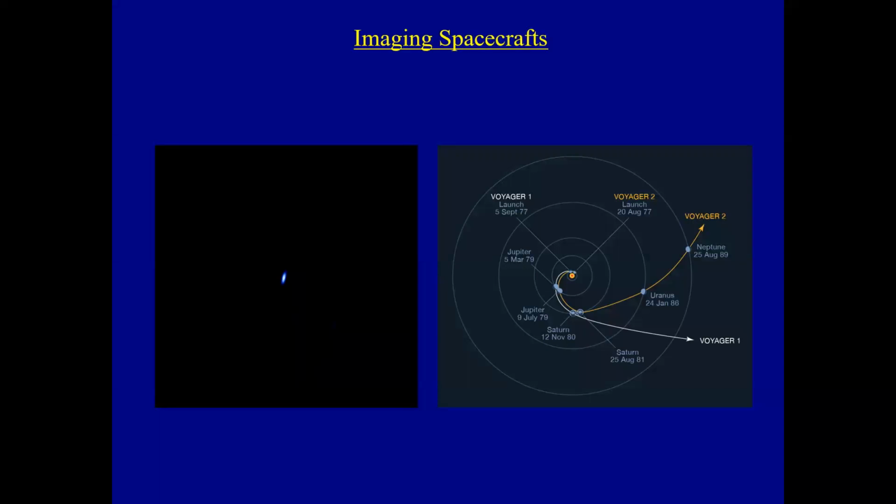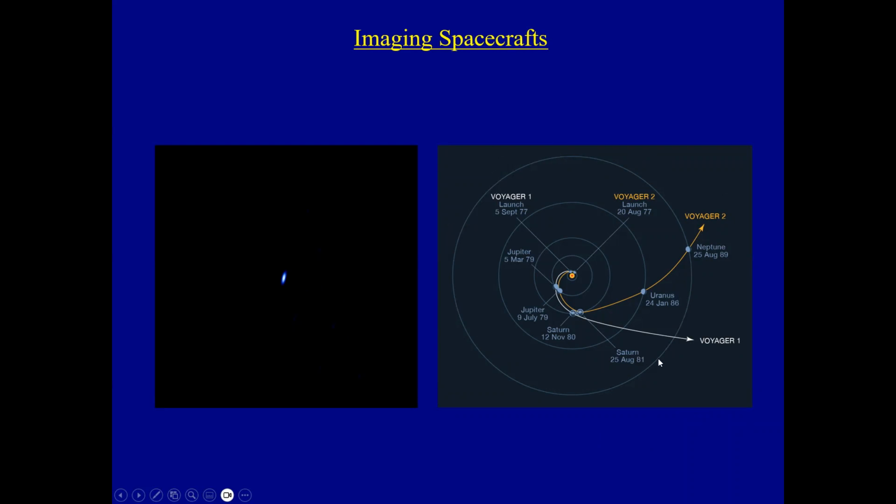They were launched in 1977, a long while ago, to observe the outer solar system, like beyond Jupiter, Saturn, Uranus and Neptune, right? So they observed them, and then they went on their own ways to outer space. So they went outside the limited solar system.